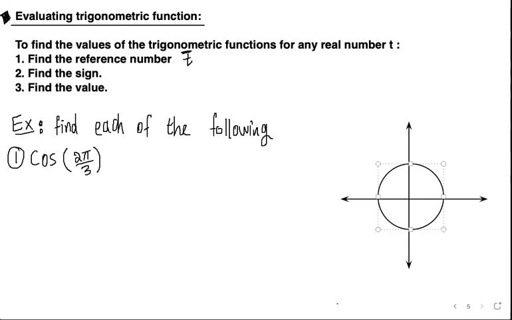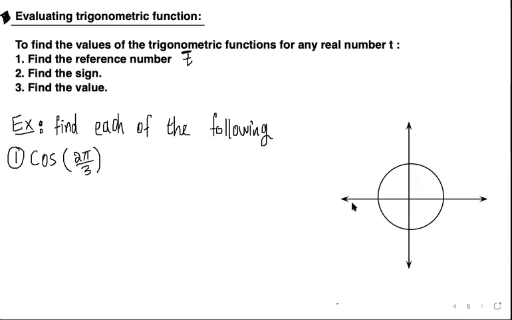Now, I have to walk around this circle with distance equal to the absolute value of this. In which quadrant is this value, 2 pi over 3? 1, 2, 3, 4. Two. Number 2, yes.